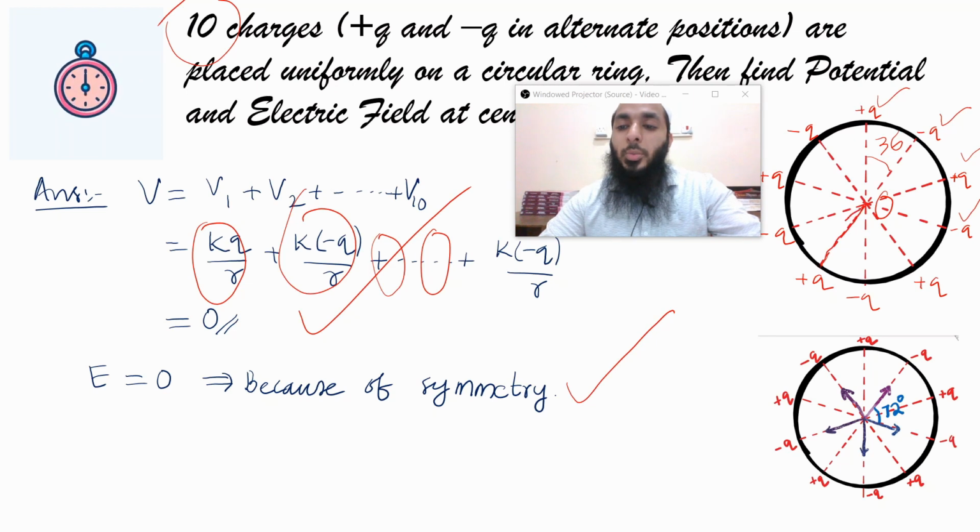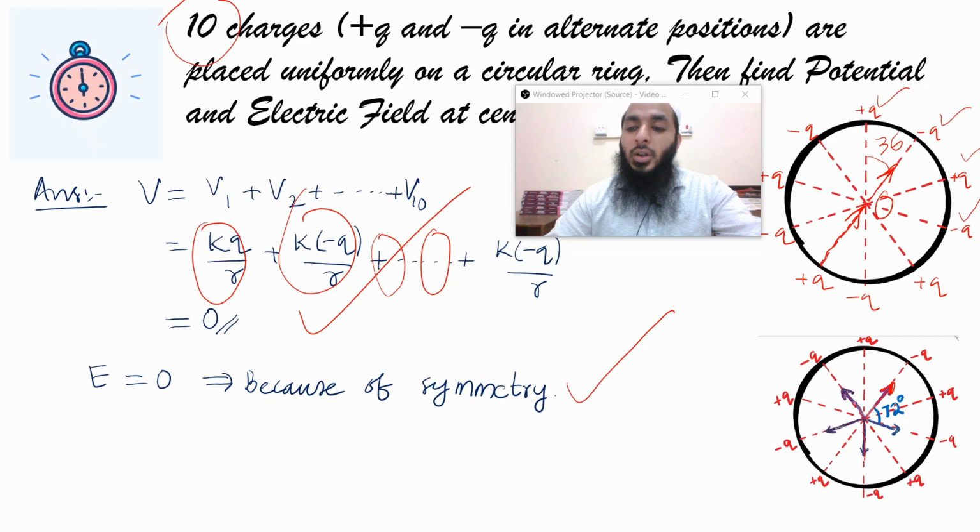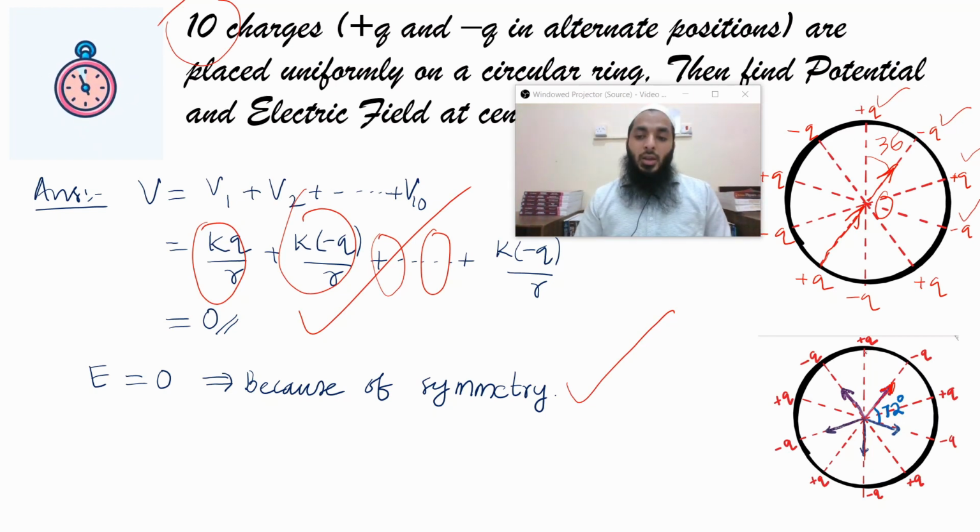Due to plus q it will be this way, due to minus q also this will be this way, so it will add up to give this one. And similarly, this plus q and this minus q will give here, this plus q and this minus q will give here, and so on. And see, it is symmetric. If it is symmetric, the vector sum will be 0.